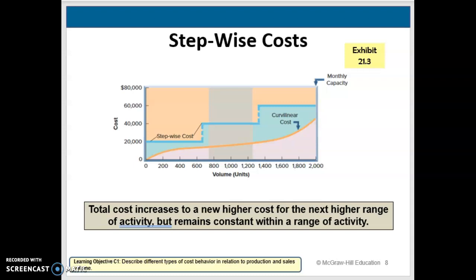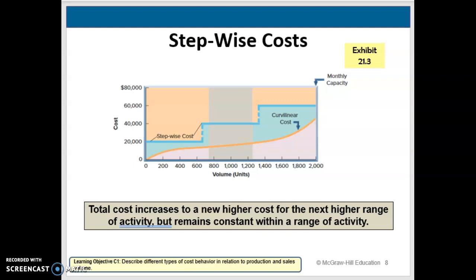If they are making a certain amount of units, they might only need one production supervisor. But as they increase their workload, they may need a second supervisor. And then when they hit that next capacity level, they need the third supervisor. So it's a fixed cost and it increases based off of volume.